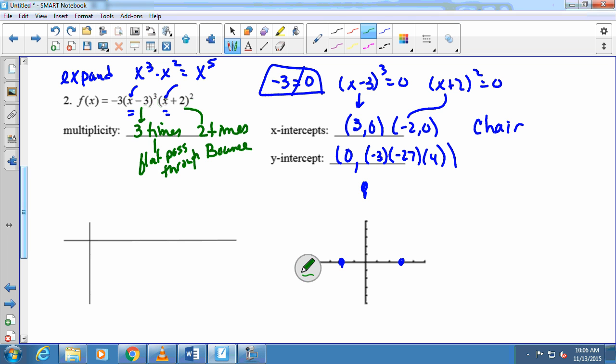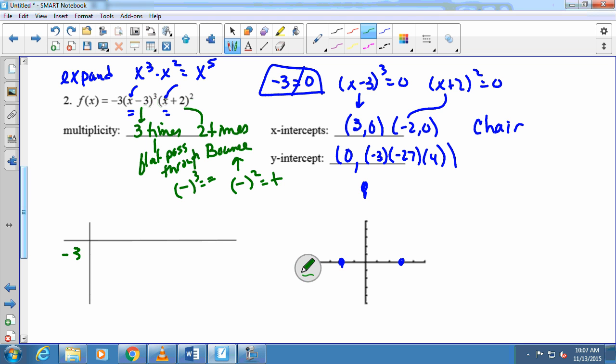And the reason why it's passing through, 3 negatives will change my sign to be negative. 2 negatives will not change my sign. That's why I have a bounce. If I have a negative number twice, it's going to turn positive. It changes and bounces back up. A negative 3 times remains negative, so it continues on its path, but it pauses there for just a minute.